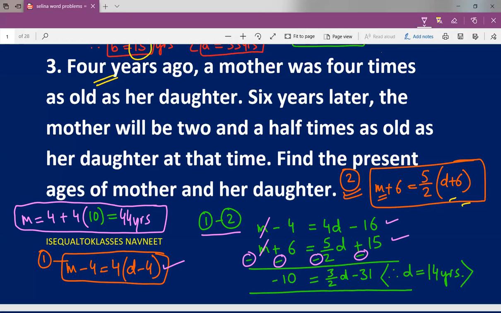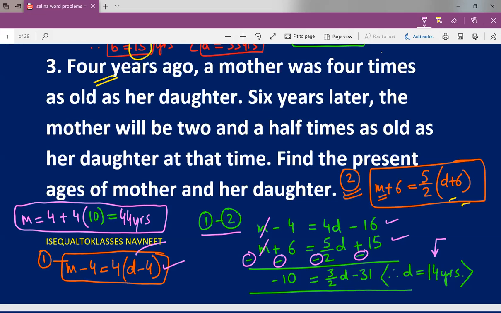This is minus 10. This is 4 minus 5 by 2, which would be equal to 3 by 2. Minus 16 minus 15 would be minus 31. Now if you solve this, you'll get the value of D as 14. Now D is the age of daughter in present, and that is 14 years. And as I had suggested, you put the value of 14 here. How do you put that?